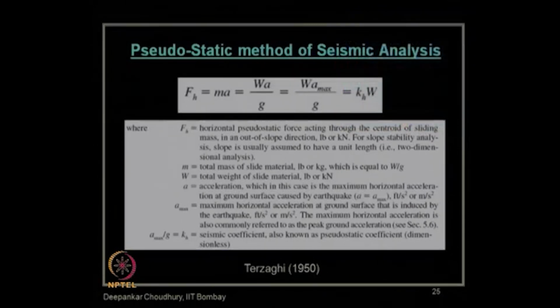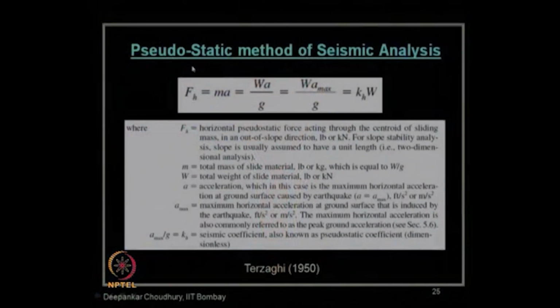Coming to Terzaghi's concept of the pseudostatic method, which I have already discussed in one of the previous lectures of our present module. As we all know, the pseudostatic method of seismic analysis is derived something like this. This is the way we calculate the horizontal inertia force. Seismic inertia force Fh is nothing but mass times seismic acceleration in the horizontal direction, which you can express as W times a by g.